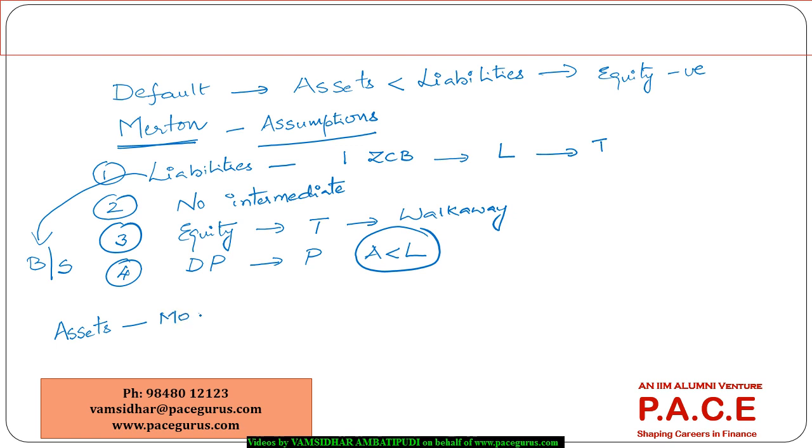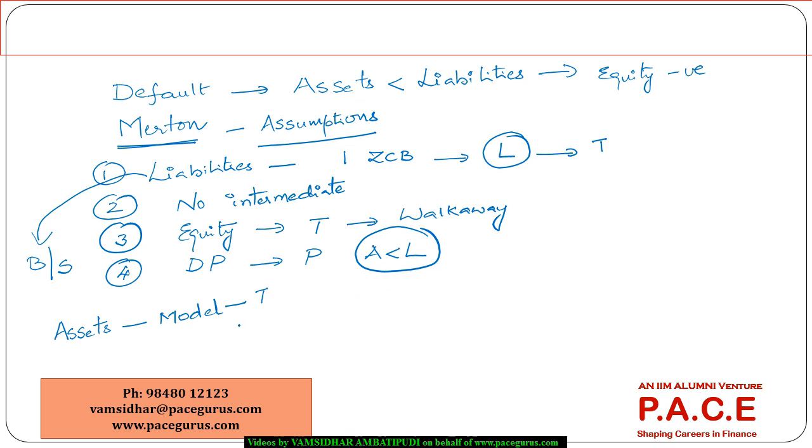So I have to make some assumption regarding the distribution of the asset, especially at time T, because we are not bothered about any other period. At time T, when this debt is going to mature, what could be the value of the asset at that particular point in time?